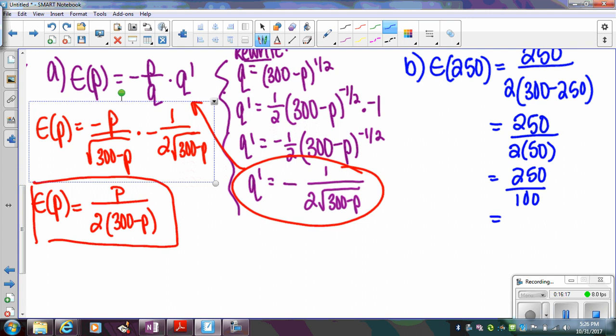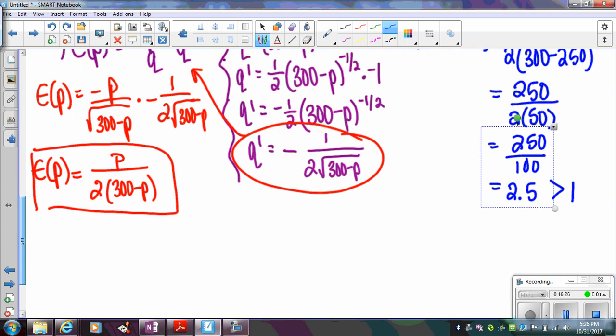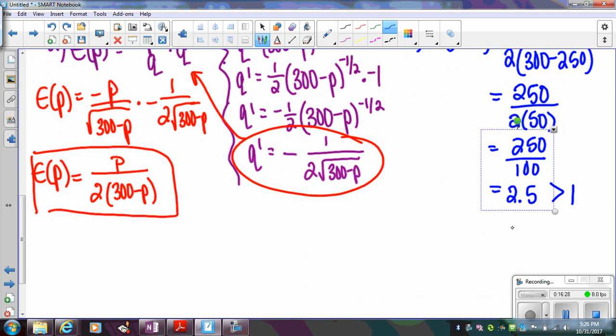And we're getting 2.5 for that, which is greater than 1. So since this is a bigger number, think about this as it's elastic, it's stretching. So the demand is elastic, which means that the price and revenue will do the opposite. So if you're increasing price, the revenue is going to decrease and vice versa because it's a far stretch between the two.